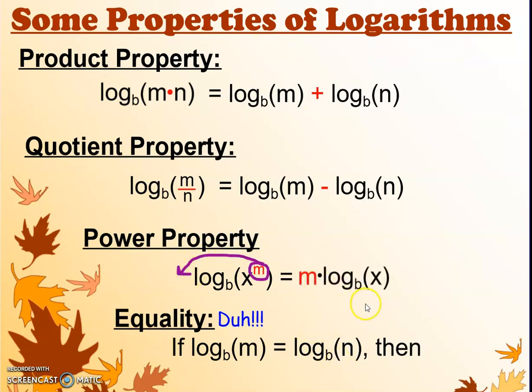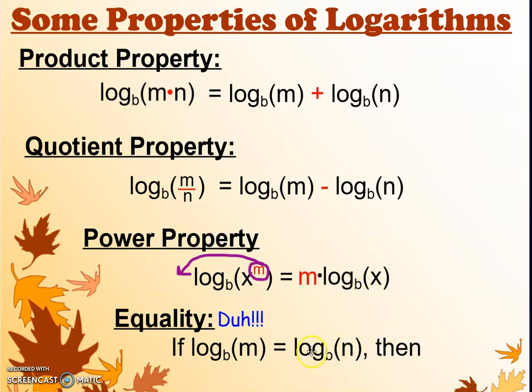It looks like this. That exponent can come down and join the rest of the group. And you know how tricky exponents can be. If we can get them down with all the other numbers, we're going to be able to work a lot of math. And a lot of the problems we solve will involve using this power property.